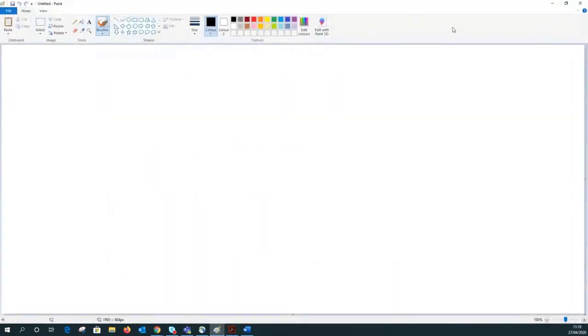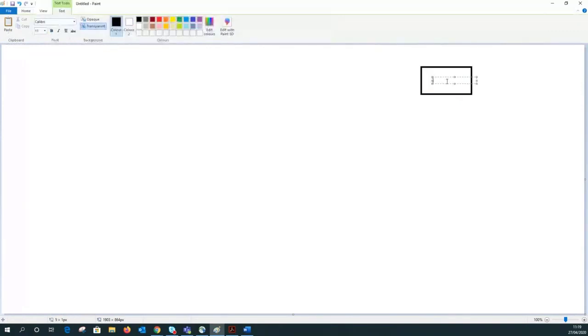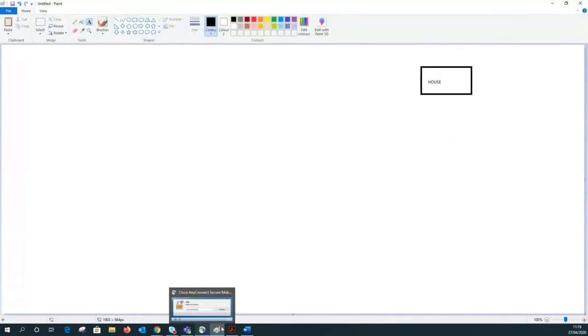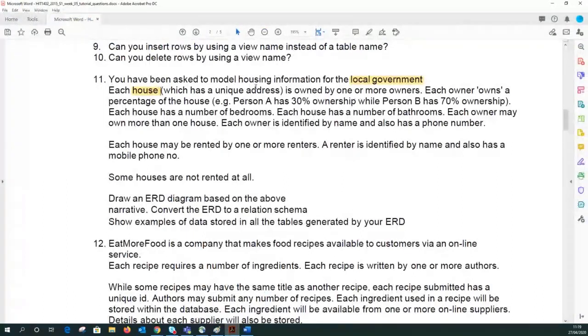So we can go straight away and capture that information. My entity name is house. The unique address looks like the primary key, isn't it?